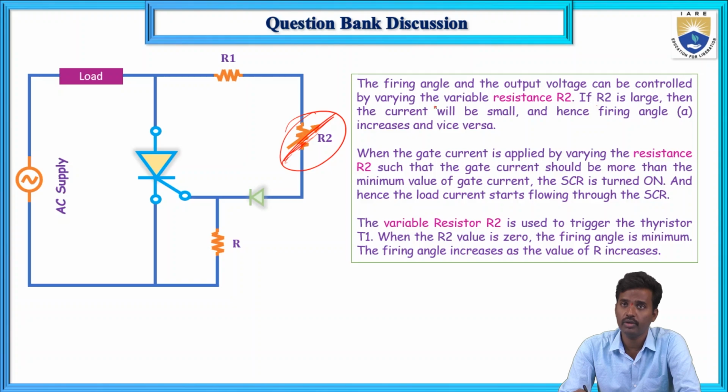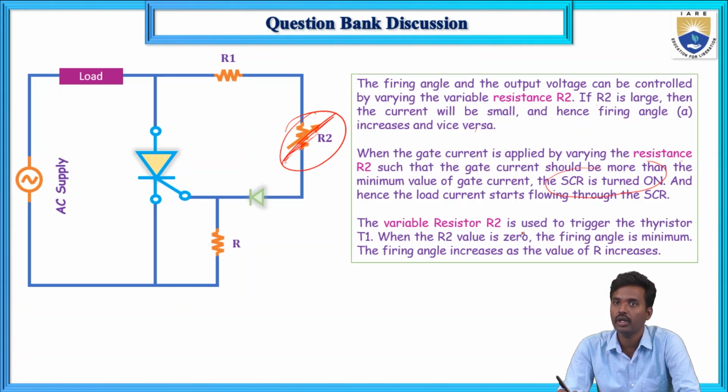If R2 is low, the current will be small, and the firing angle will be low. So now when gate current is applied across the resistance R2, the gate current should be more than the minimum value of gate current, and only then will the SCR be turned on. Hence the load current starts flowing through the SCR.